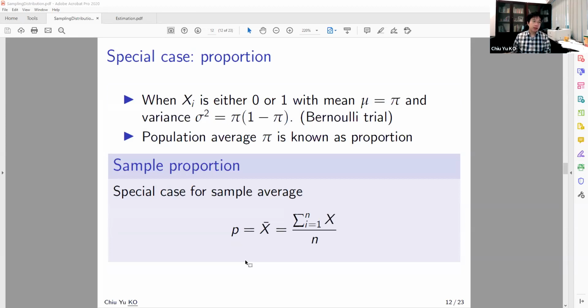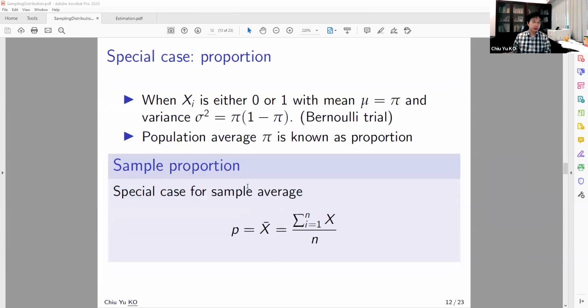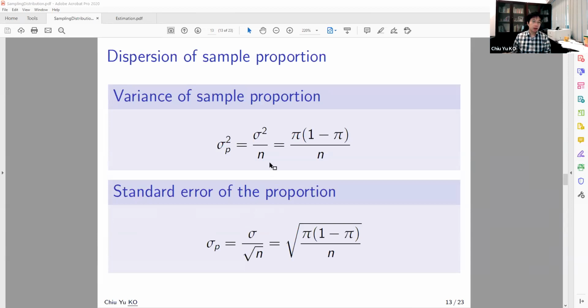And then we learned a special case of sample proportion, where x are either 0 or 1, and then we have some special formula. Because in that case, the mean is the sample proportion, and the variance is related to pi only.